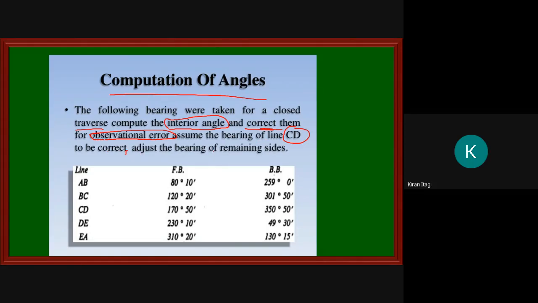Adjust the bearing of the remaining sides. AB forward bearing he has given. For BC forward bearing and back bearing, CD, DE, everything he has given.